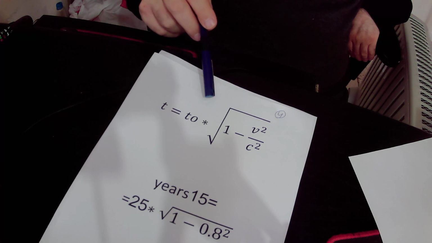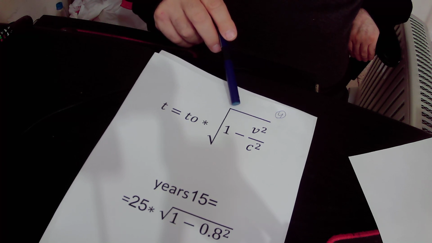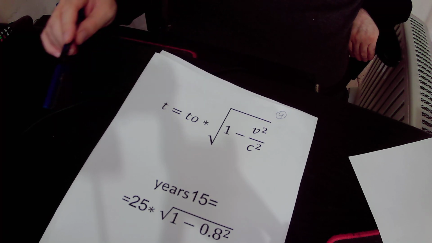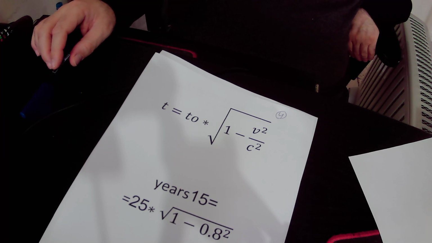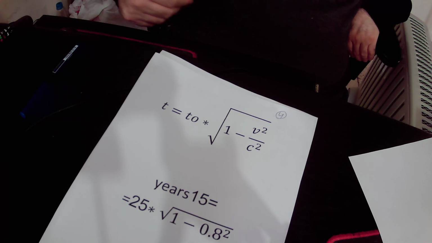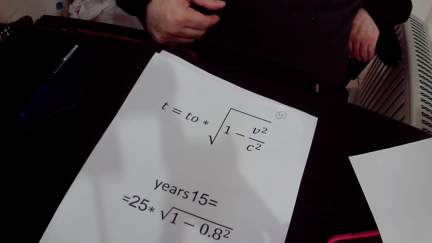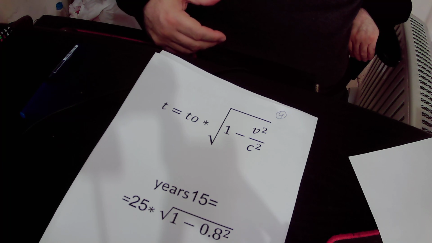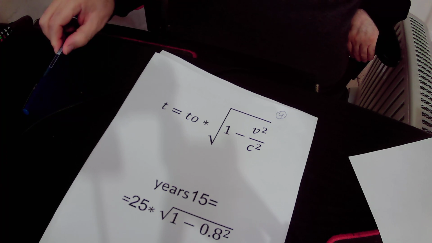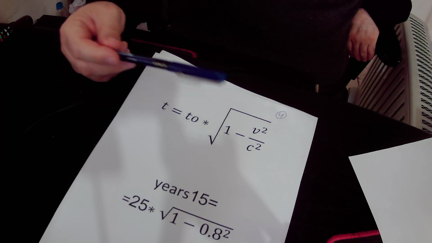And we multiply it by the root of 1 minus v squared divided by c squared. V is the speed of the spaceship or the object that travels in space at very high speed. And c is the speed of light.